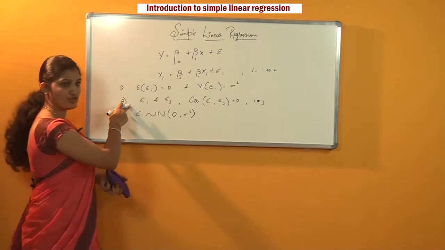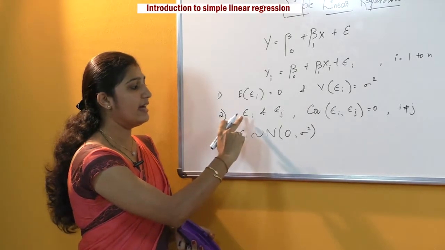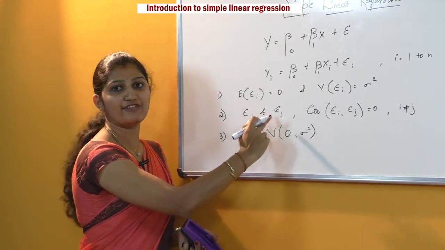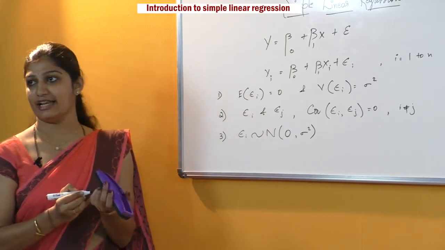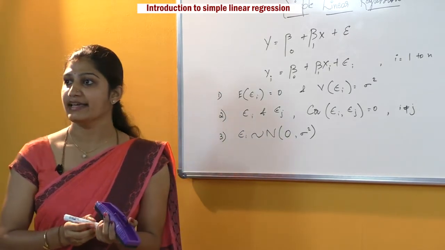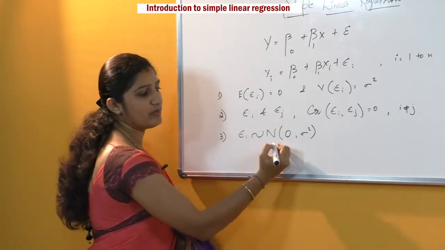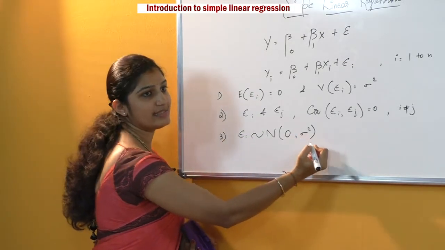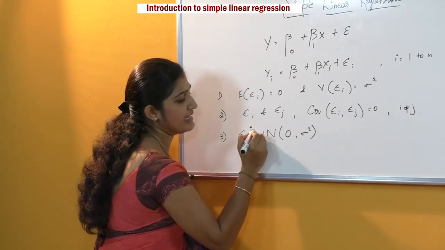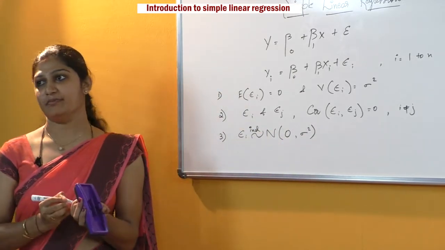By the second assumption, we have seen epsilon i and epsilon j are uncorrelated, that means they are independent. So epsilon i follows normal with mean 0 and sigma square, which is independently distributed.